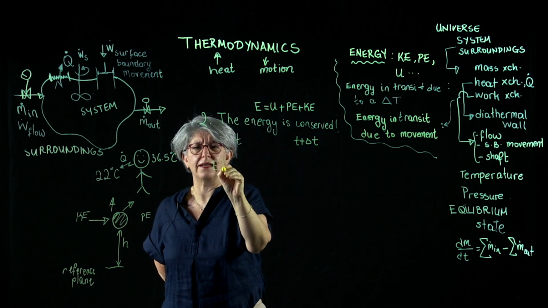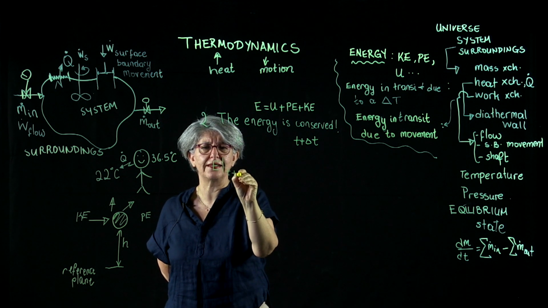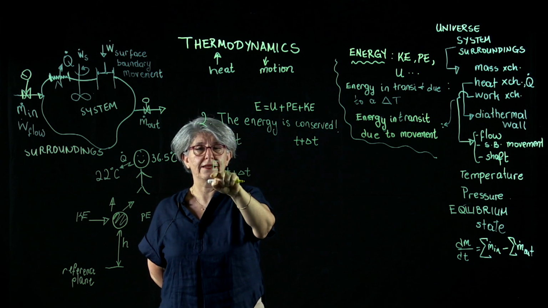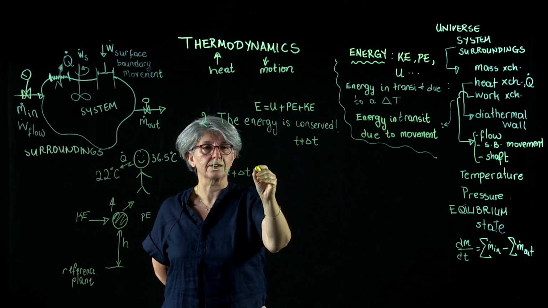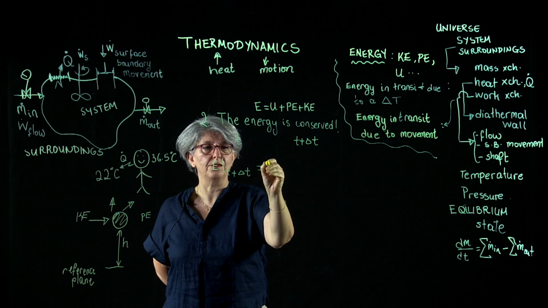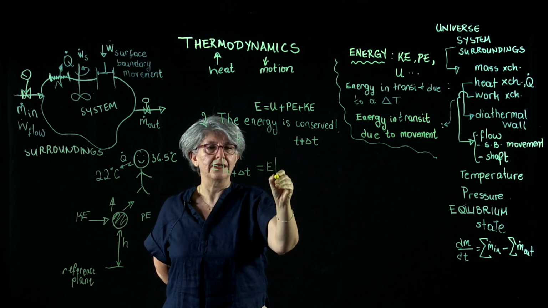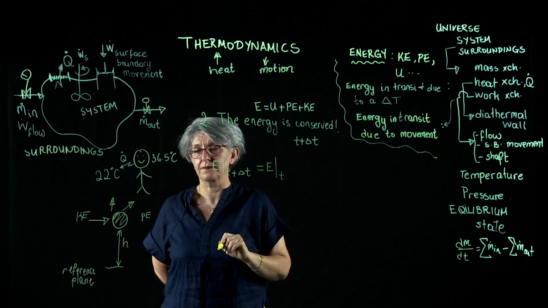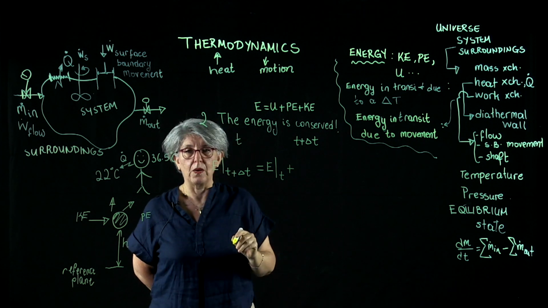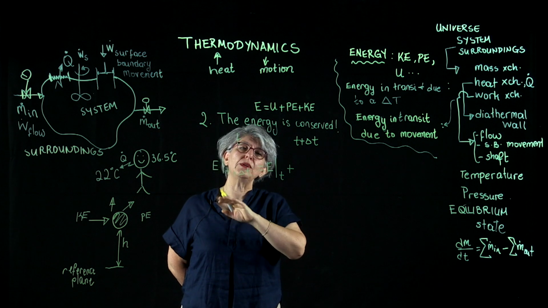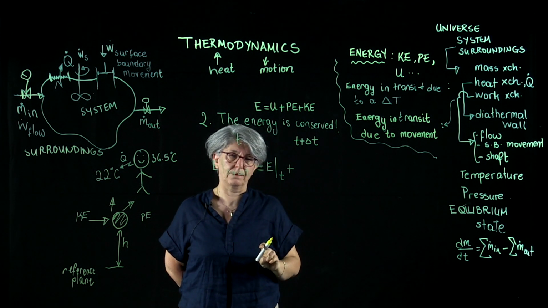Energy at time t plus delta t, this is U plus potential energy plus kinetic energy, is equal to energy at time t plus all the energy flows into the system.